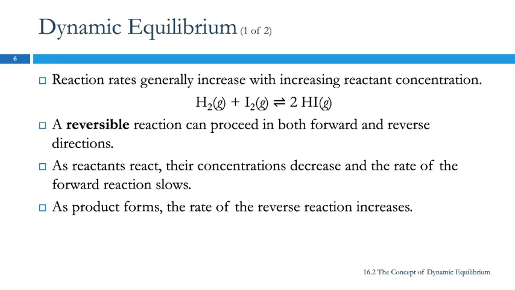As those products form, the concentration of the products, which are the reactants for the reverse reaction, increase, causing the rate of the reverse reaction to increase. At some point, you get to a balance where the rates are the same, and that's called equilibrium.